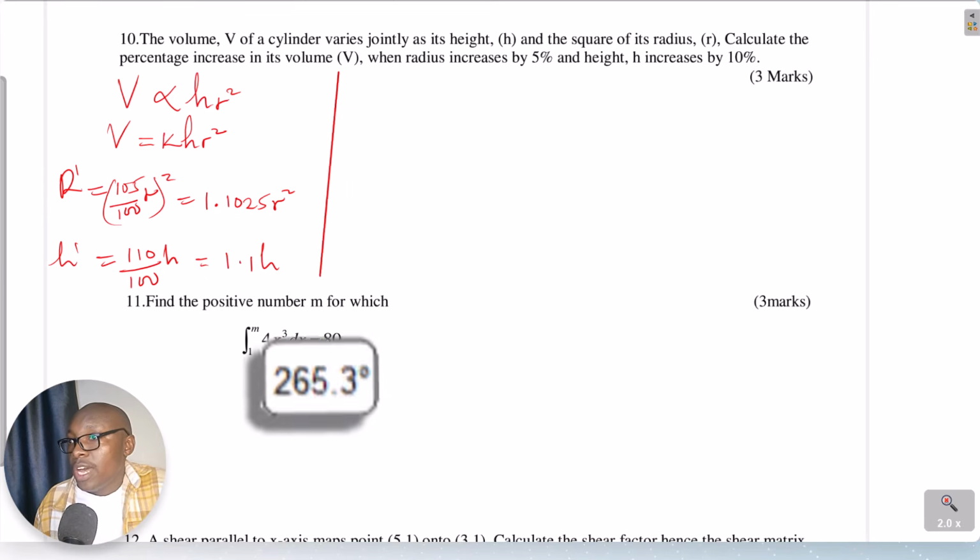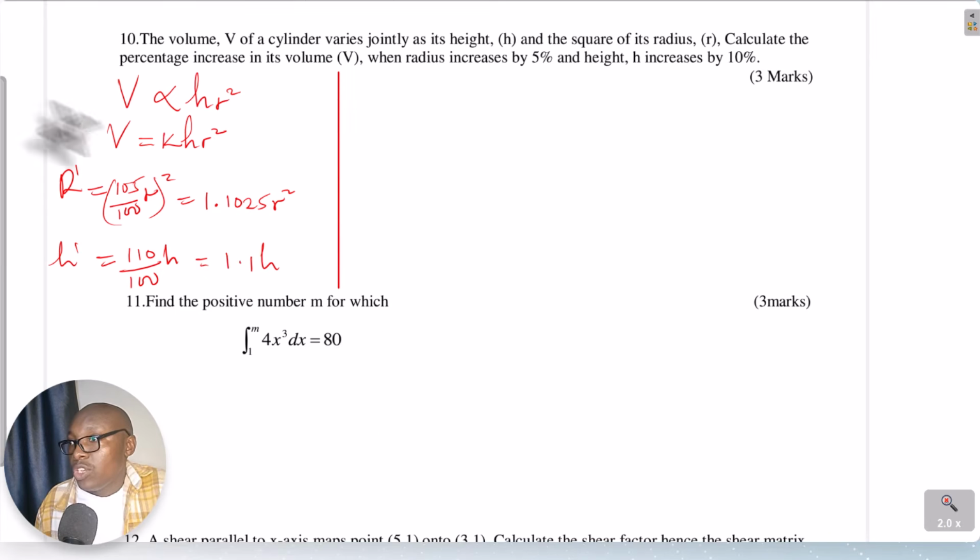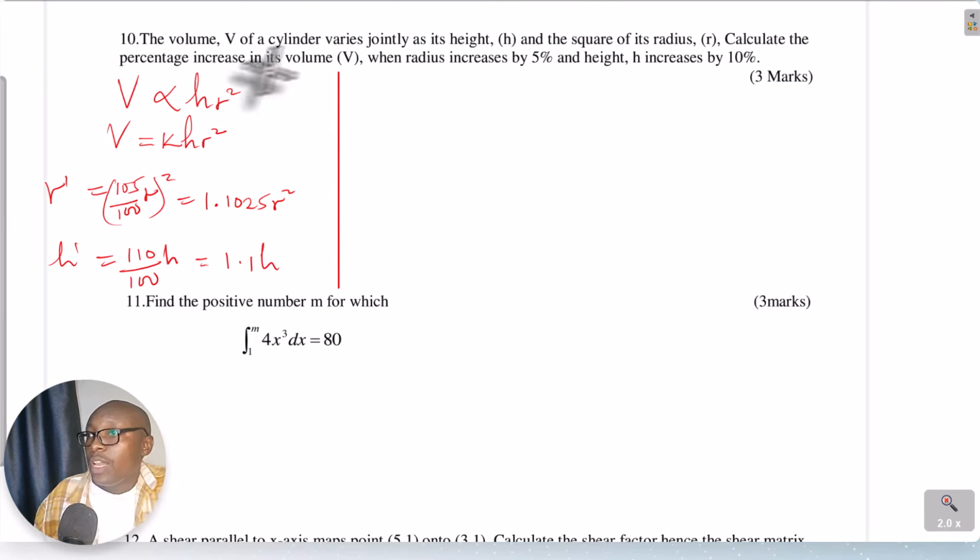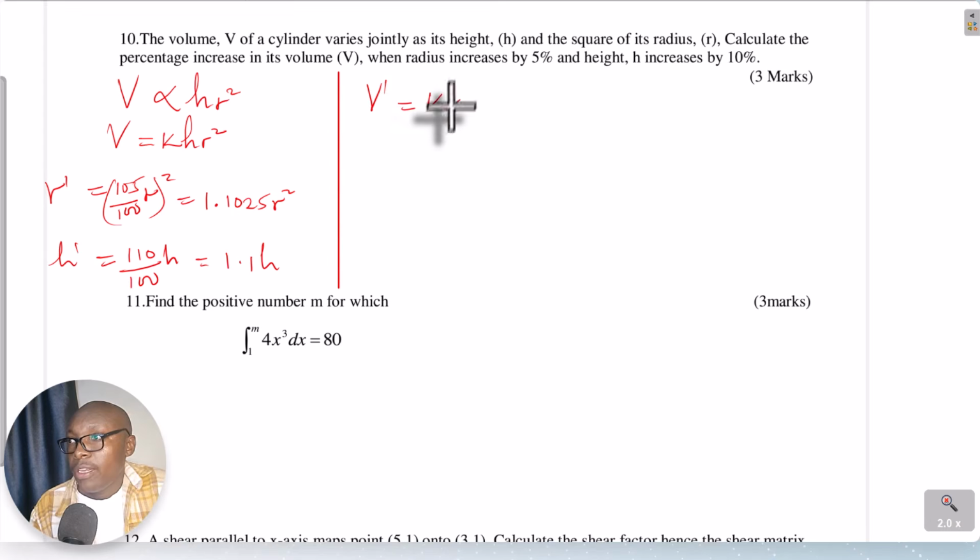So now with that, having new r and new h, we will have new V. So the new V will be k multiplied by the new r squared, which is 1.1025 r squared, times the new h, 1.1 h.